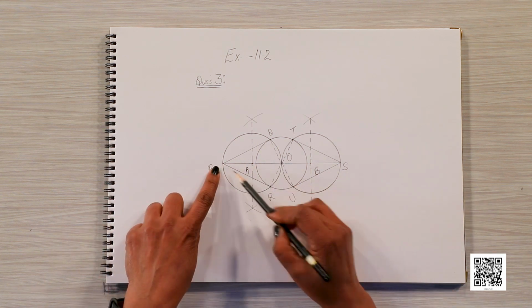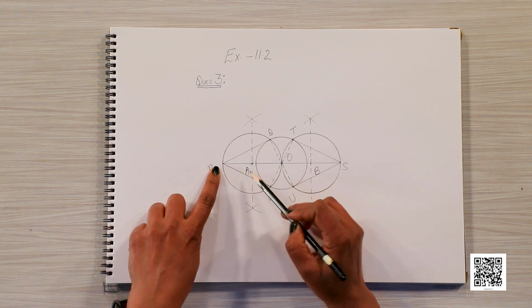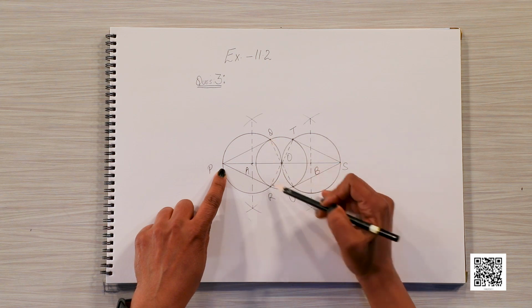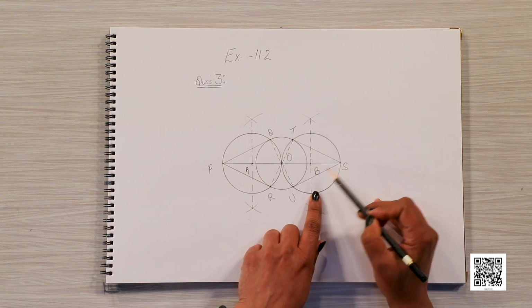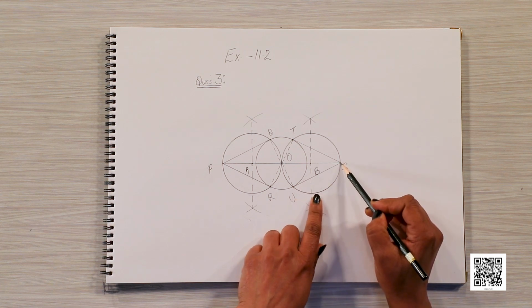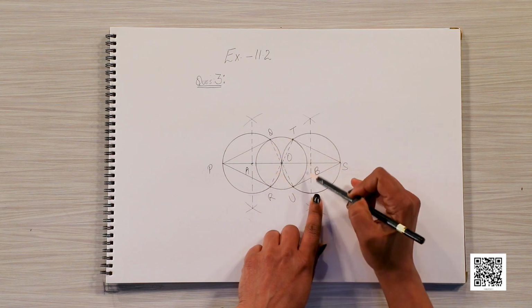Join PQ and PR, you get two tangents, that is a pair of tangents from point P to circle C1, the first circle. Then joining ST and SU gives you a pair of tangents from point S to the first circle, that is C1.